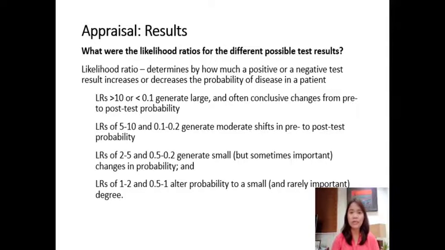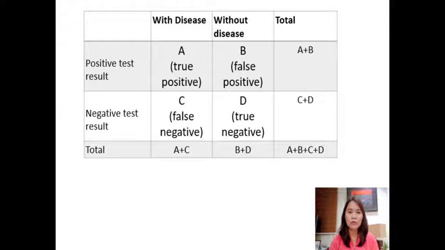So many times in studies, the likelihood ratio itself is not presented. What is usually given is both the sensitivity and specificity of the test result. So as a reminder, I'm sure you have learned this already. We can construct a 2 by 2 table.